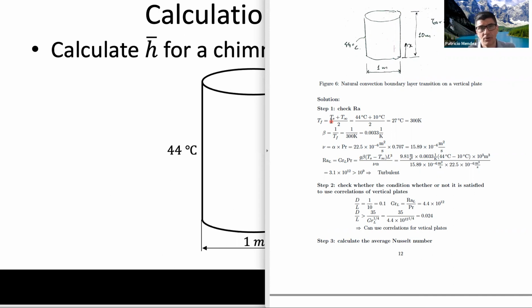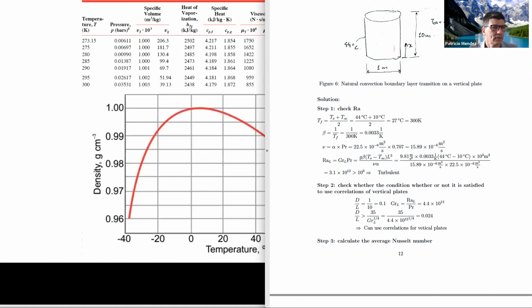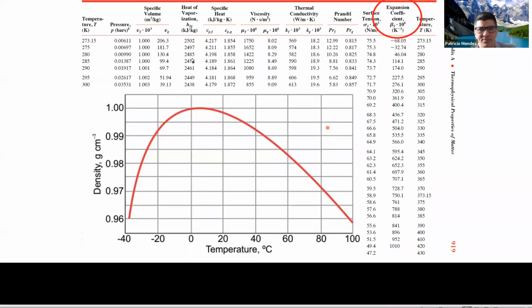If you look at the book for water, let's see. Look, in this case, we have a page of the book that gives us temperature and the expansion coefficient for the case of water.